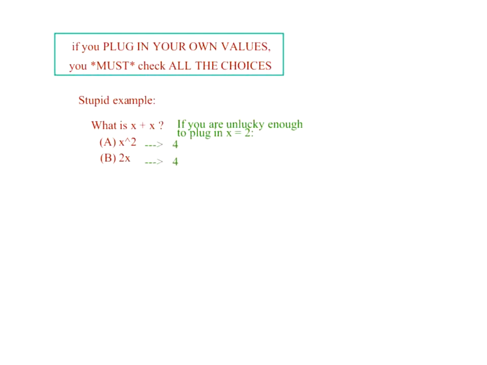So 2 things about that. The first is you can't eliminate with that choice. And if you stopped at A at the first 4, you get the problem wrong. So that's why you have to check all the choices, because things like this can happen.